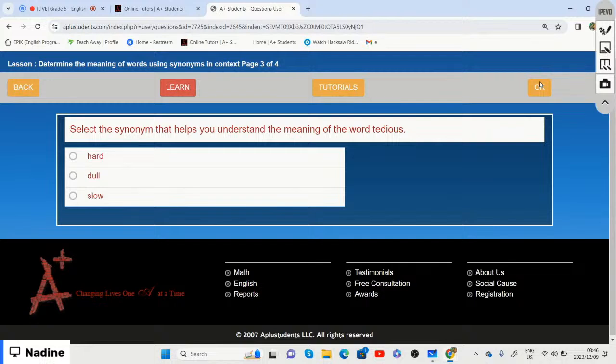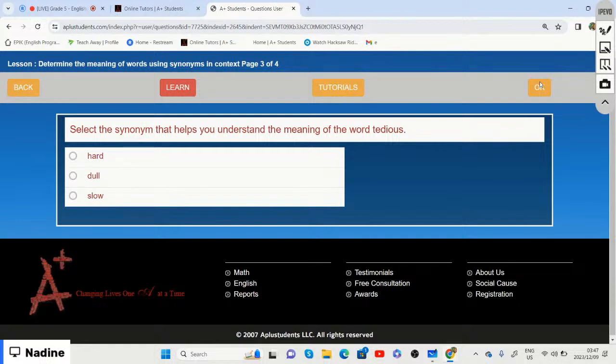Remember, we said that tedious can either be too long, it can be tiresome, monotonous, which is boring, or it can be dull.